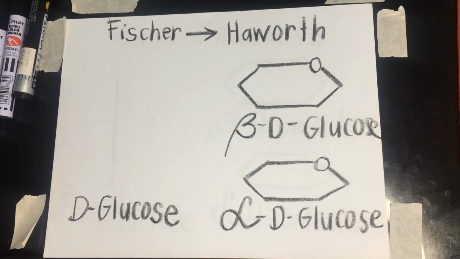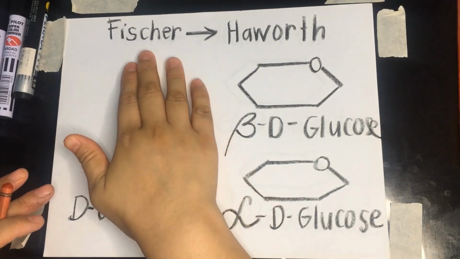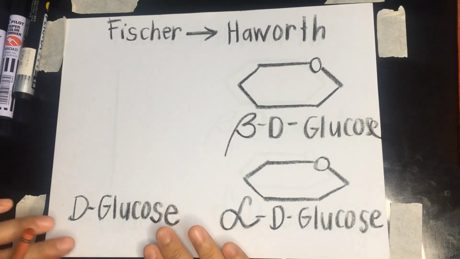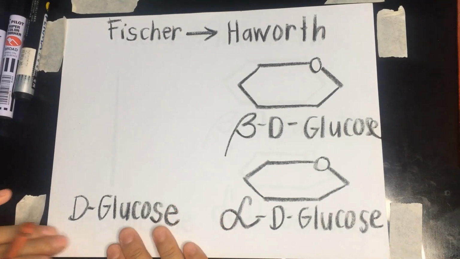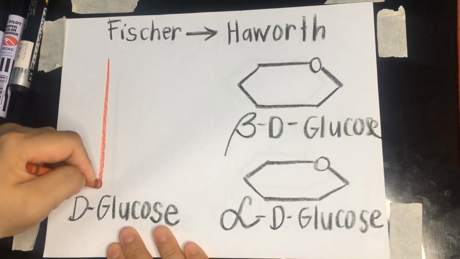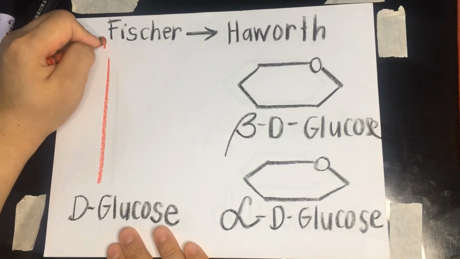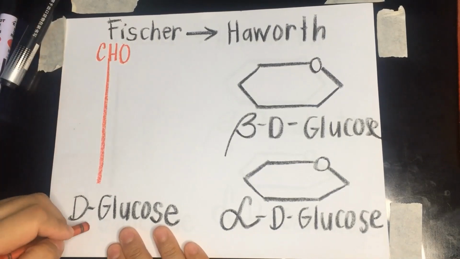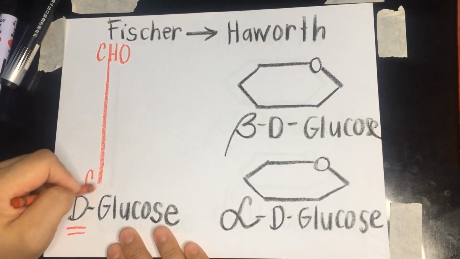So, we are now going to start our conversion from Fisher projection to Haworth projection. Listen carefully so that we will be finishing on time. We are again going to draw the Fisher projection. I'm going to draw a line, and then I'm going to write the functional group, since this is a D-glucose.